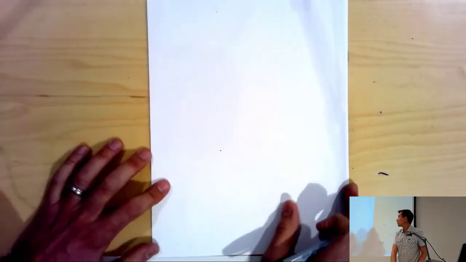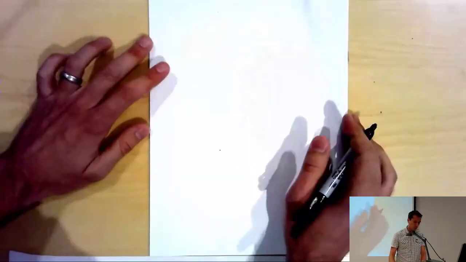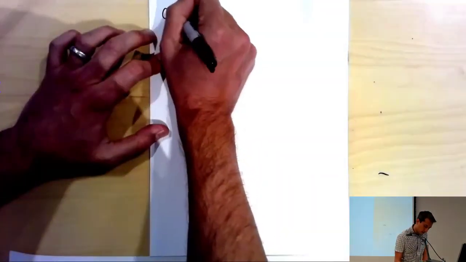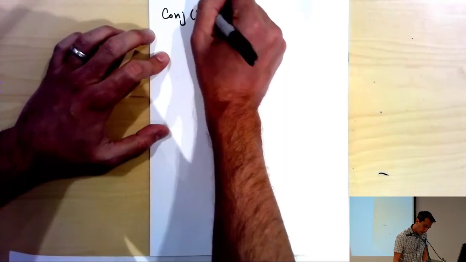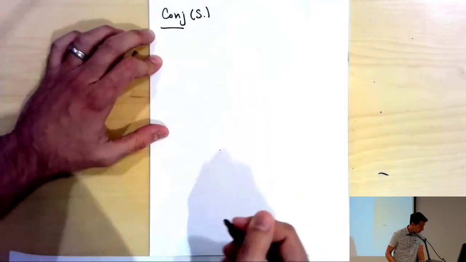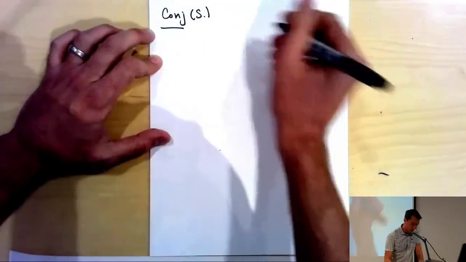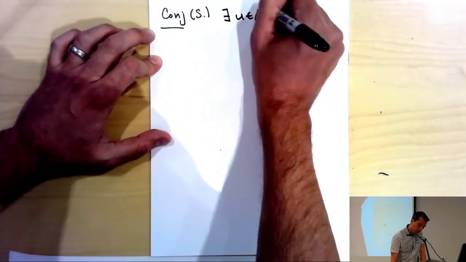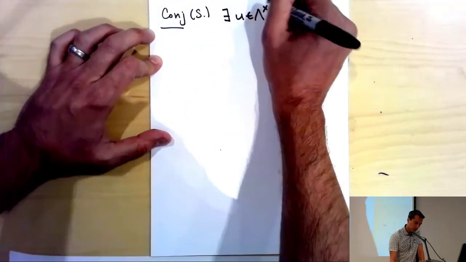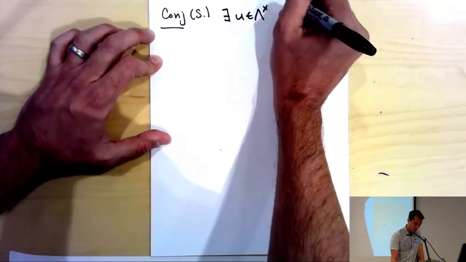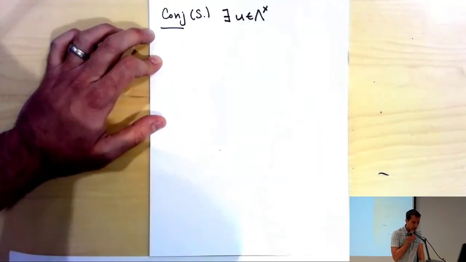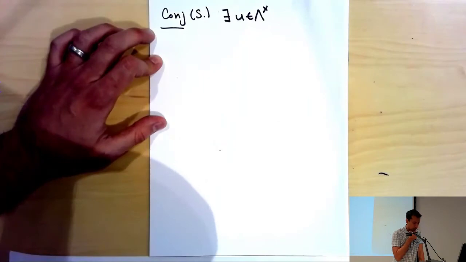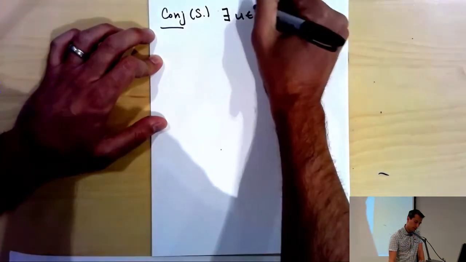So what's the conjecture? Well, actually, the form of the conjecture that appears in the paper is this. I suspected the stronger form, so I'm going to put the weak form. So here's the weak form of the conjecture. There exists a unit in lambda tilde. Yeah, really, it's the units in lambda tilde.